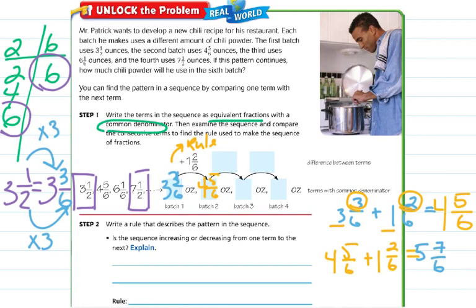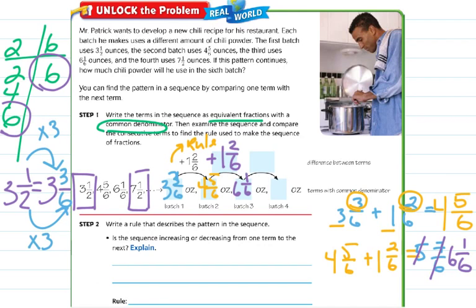So when we get past 6/6, we know we actually acquire 1 additional whole. And so we have 6 and 1/6. So again, boys and girls, we applied the same rule from the previous problem, which was to add 1 2/6. Remember, a rule does not change, it is constant. So we got in our new batch 6 and 1/6.